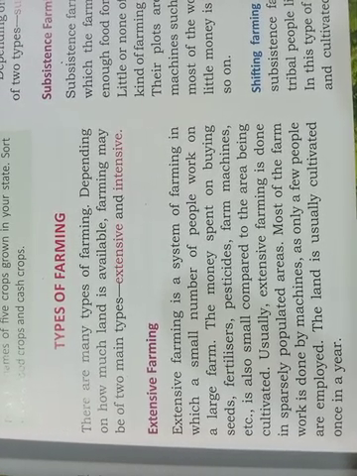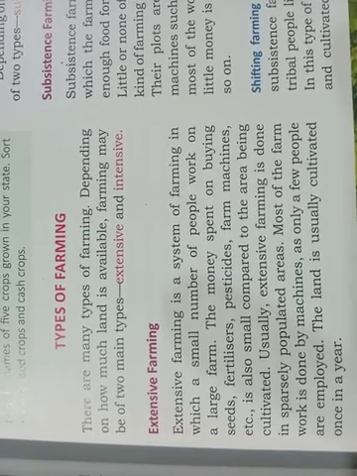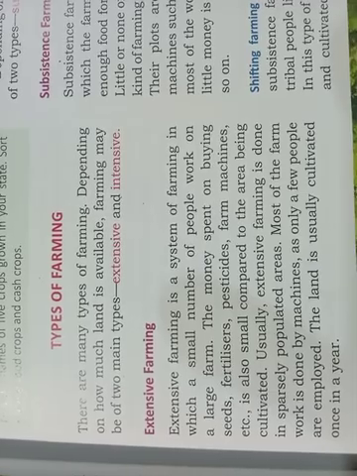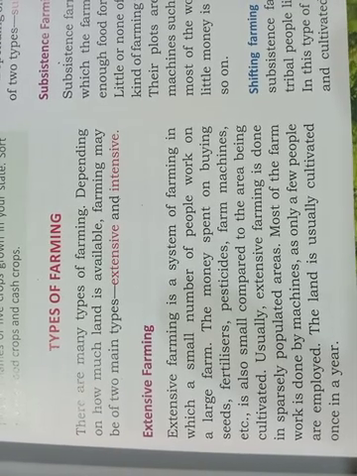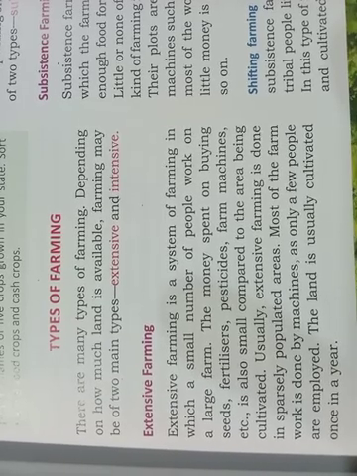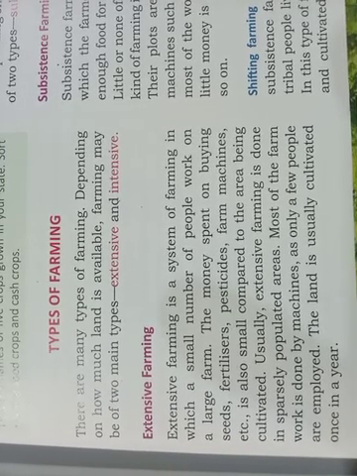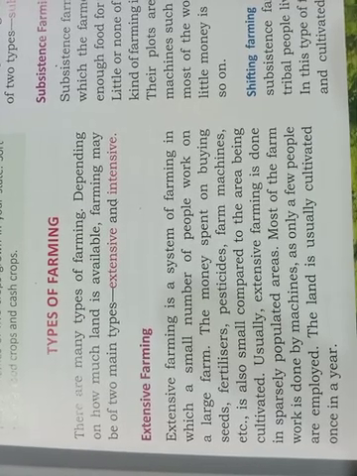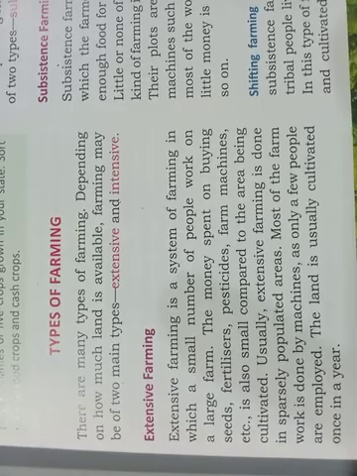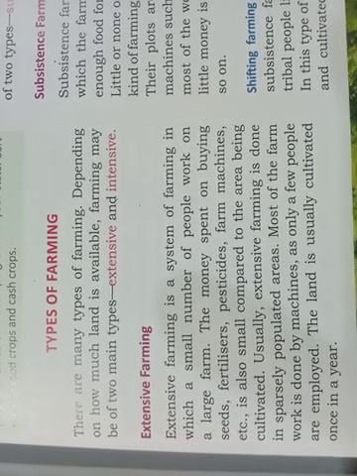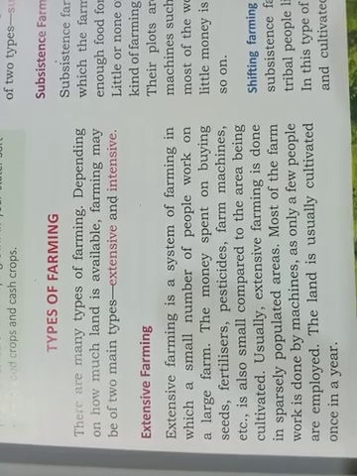Usually, extensive farming is done in sparsely populated areas. Most of the farm work is done by machines, as only a few people are employed. The land is usually cultivated once in a year. Here, extensive farming is a large farm, but few people work.